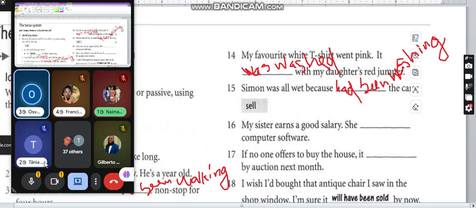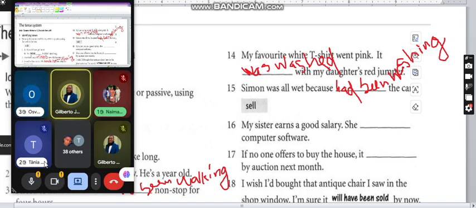It tells us about her regular activity or occupation, like what she does for a living, what she does every day, right? So her job is simply to sell computer software. So this is clearly present simple tense.